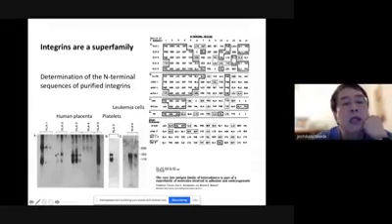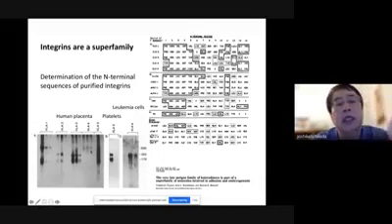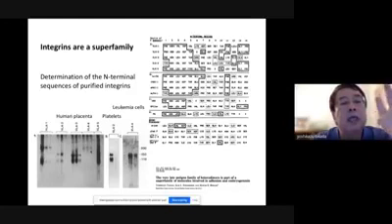The alpha size is different, but basically we got a very similar pattern, alpha and beta. Then we did N-terminal sequencing of the alpha chains. But to our surprise, their N-terminal sequences are very similar. So they are a group of proteins, a superfamily of proteins.